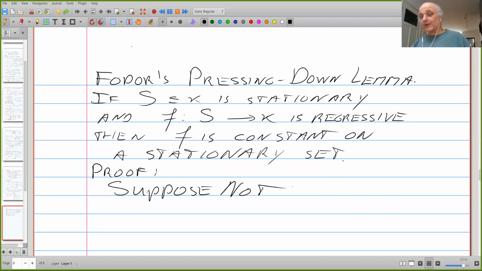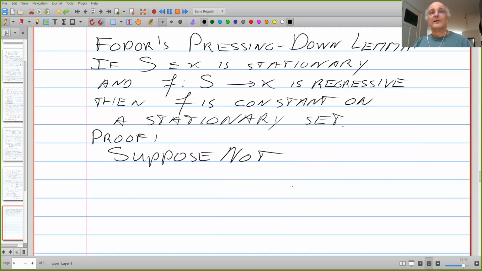The proof is actually quite short, but we did a lot of work beforehand, so maybe we are due a short and not too difficult proof. Suppose not.